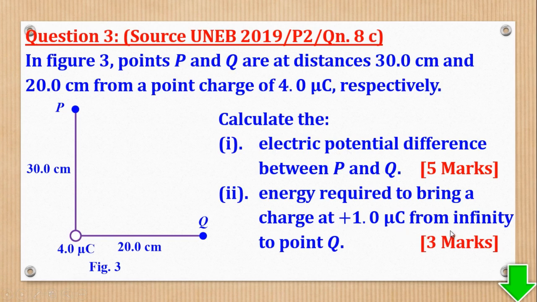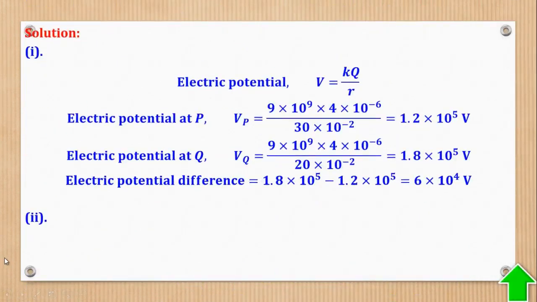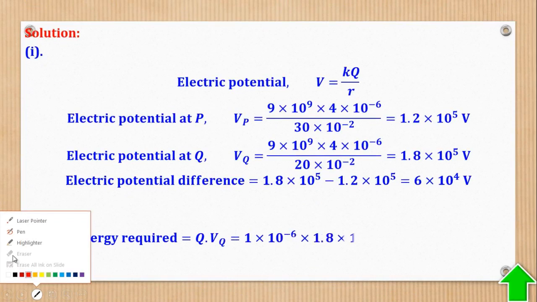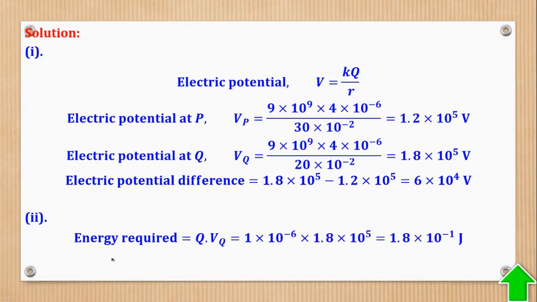But now it is from infinity to a point Q, meaning we shall use electric potential at Q multiplied by that charge being transferred. So the electric potential energy required will be the charge transferred times the electric potential at Q. The charge was 1 microcoulomb, you convert to Coulomb, and the electric potential was this, which is here. You come up with this as the answer.